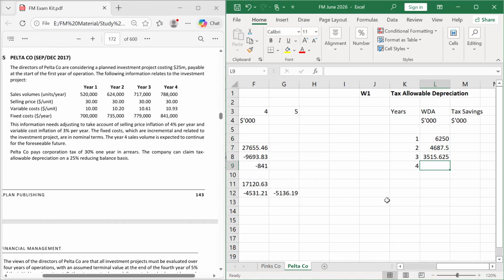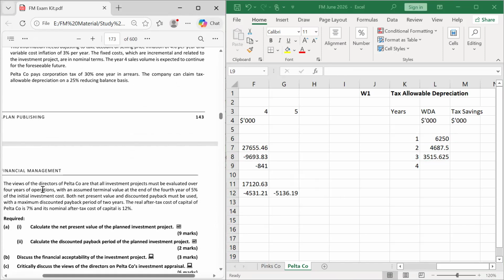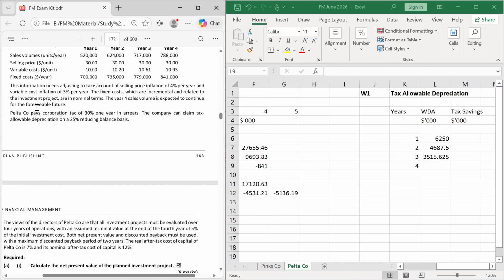For that, we have to see whether there is any scrap value or not. So let's see. The view of the directors of the Pelta company is that all investment projects must be evaluated. Here I missed a few lines. The year four sales volume is expected to continue for the foreseeable future. He's saying that the year four sales volume, the 788,000, is expected to continue for the foreseeable future, so it indicates a perpetuity cash flow.